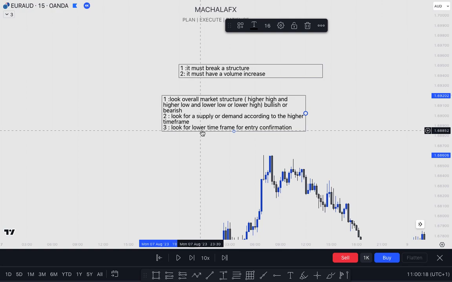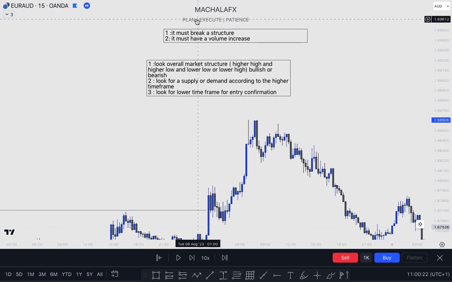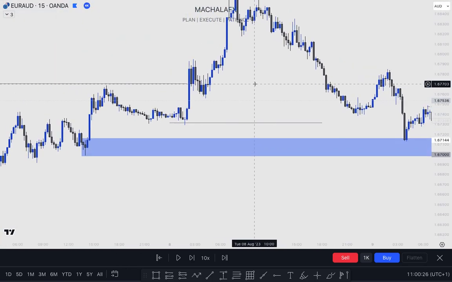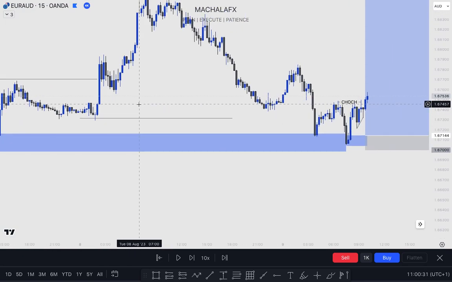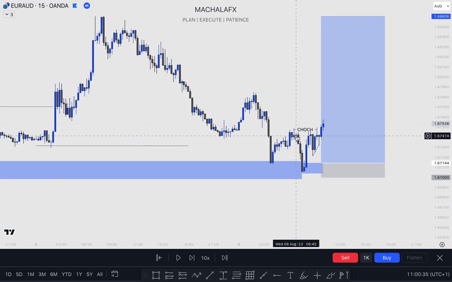Rule number 3, look for lower time frame for entry confirmation. Remember, all our rules are met: we have a break of structure. We have a demand level to trade from. We have a mitigation into that demand level. Now we have a change of character on a lower time frame, which is our third rule.